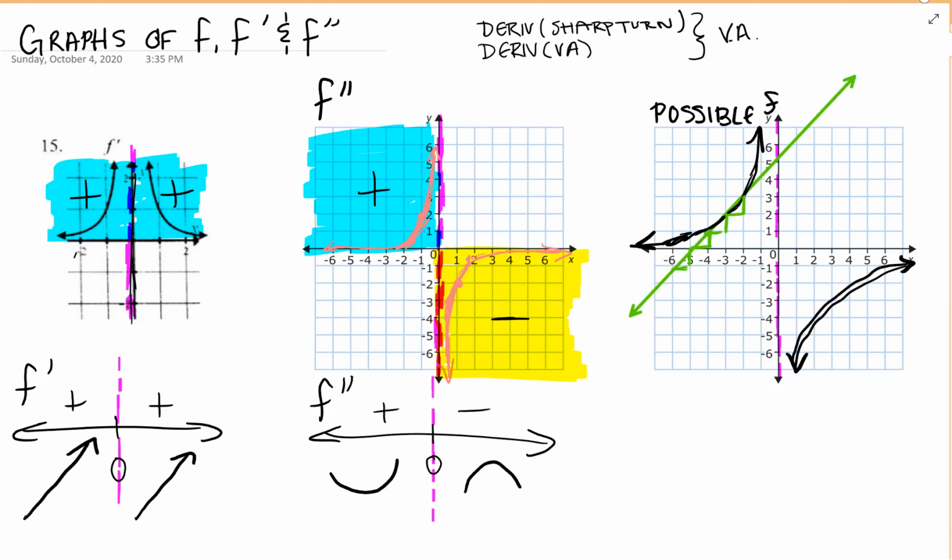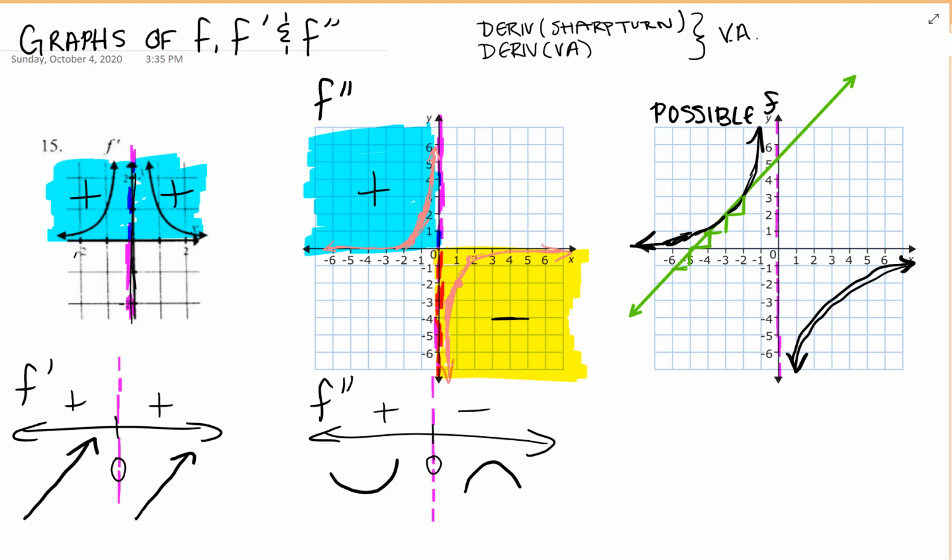Then I picked an x value of f, where I'm going to draw a tangent and estimate the slope. And I want to see if that matches up with f prime to know if f has the correct amount of vertical stretch or shrink.